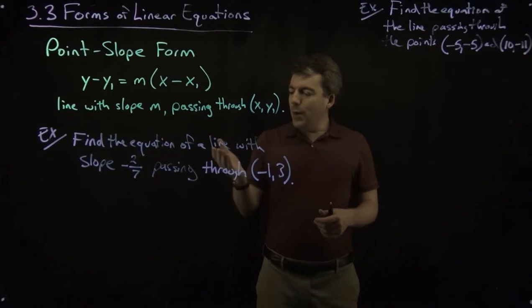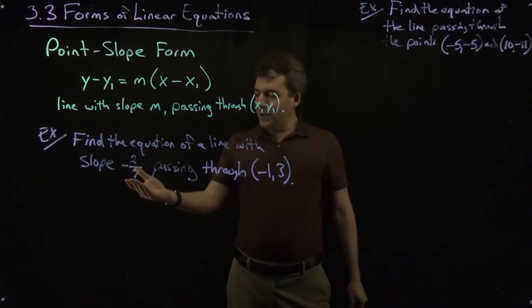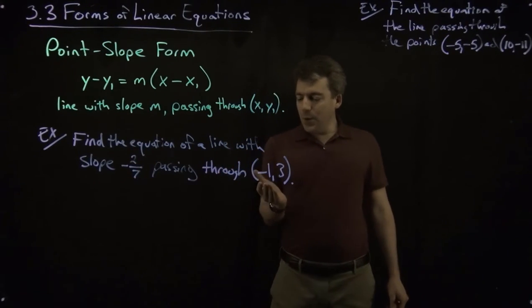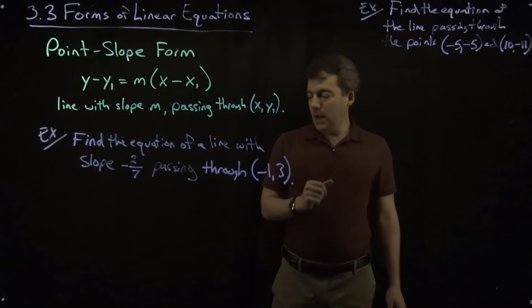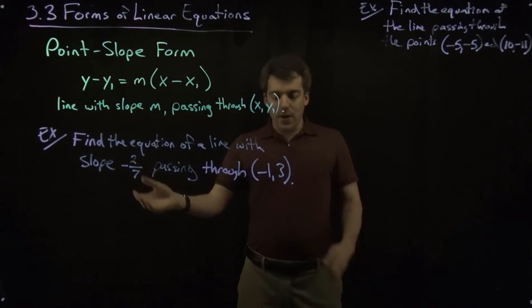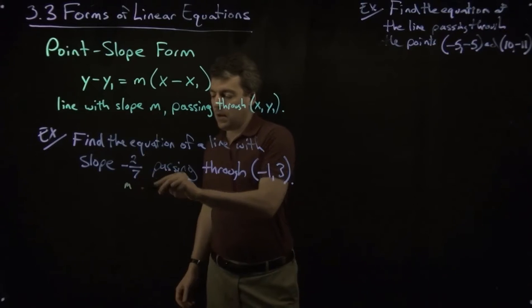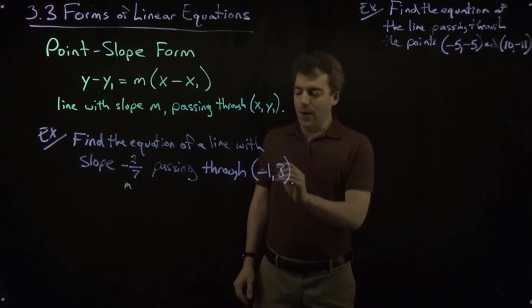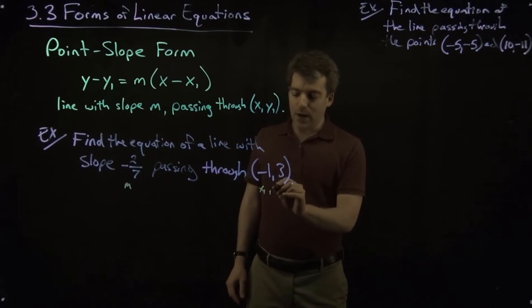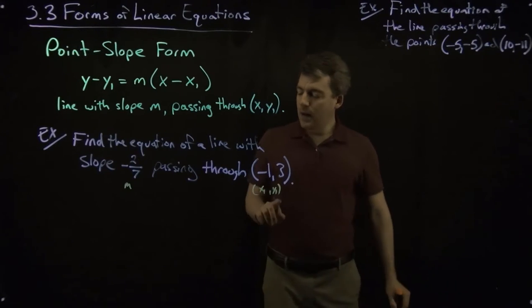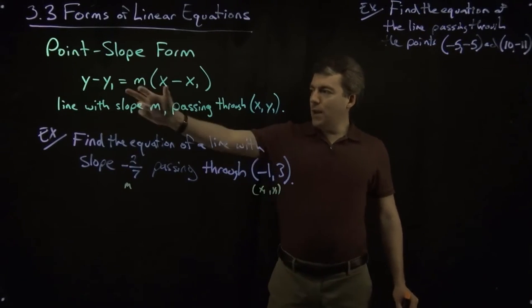So we want to find the equation of a line with a slope of negative 2/7 passing through negative 1, 3. So here's the slope, that's our m. And then over here we have our point negative 1, 3, so that's our x1 comma y1. And to build the equation of the line, we'll put it right here.